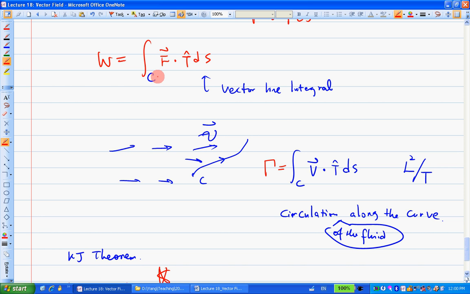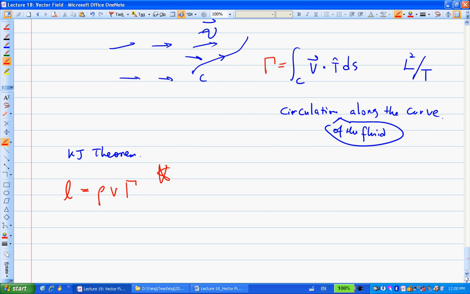If the curve c is given, as r vector, then how do I calculate t hat? dr over dt, and then normalize that. How about this ds? ds is the line segment. Have we derived the equation for ds? Yes, when we were learning the arc length of a curve in 3-space, we derived it. So basically, all of these things we already know.